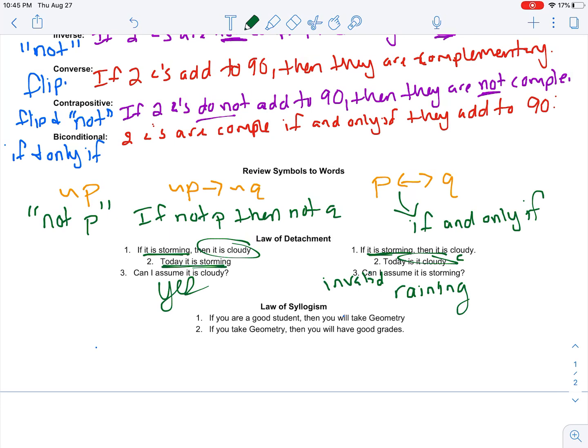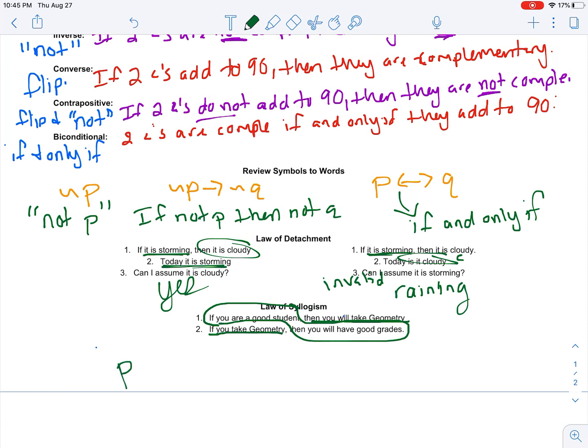So law of syllogism says, if the first conclusion and the second hypothesis are the same, what we can do is assume that if you are a good student, then you will have good grades. So you can take the first hypothesis to the last conclusion.